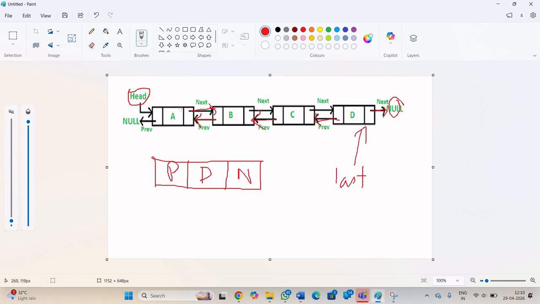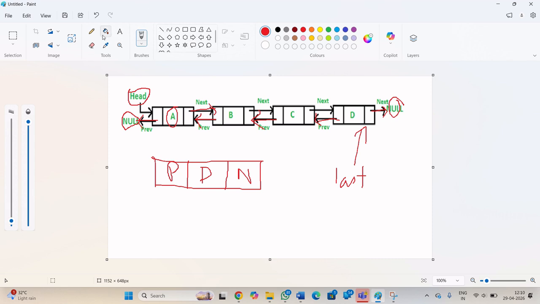And as we reach the first node, in the previous of the first node, here also is a null value. That is the doubly linked list. I think that is clear.